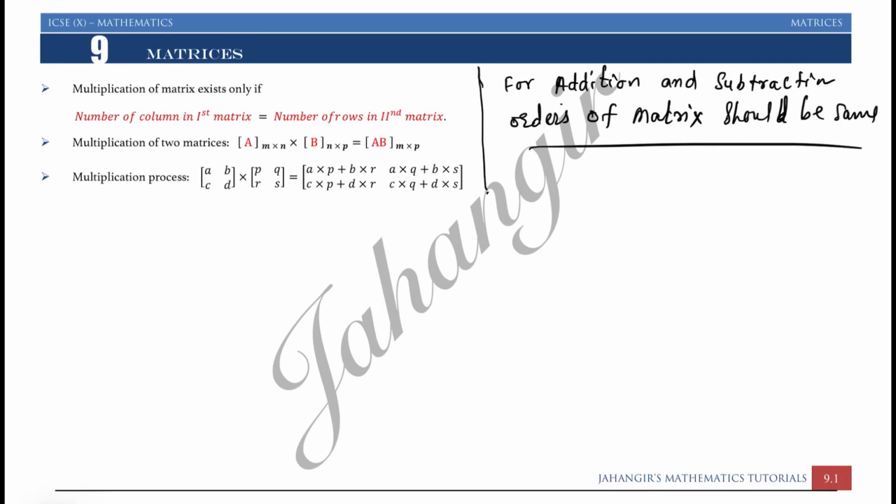Some different rules means, let's say matrix A has the order of m multiplied by n, where m is the row and n is the column. Let's say A matrix is 2 by 3.